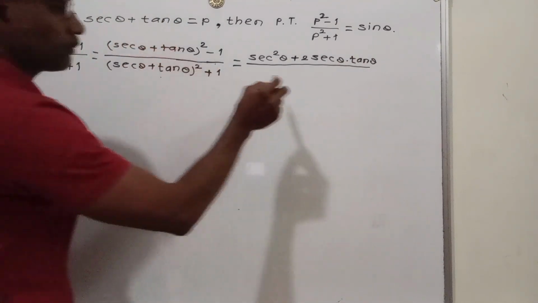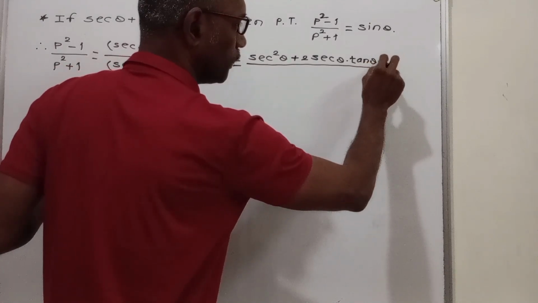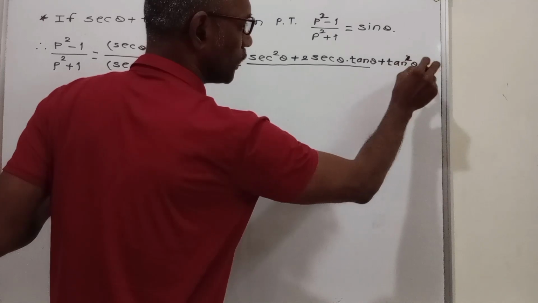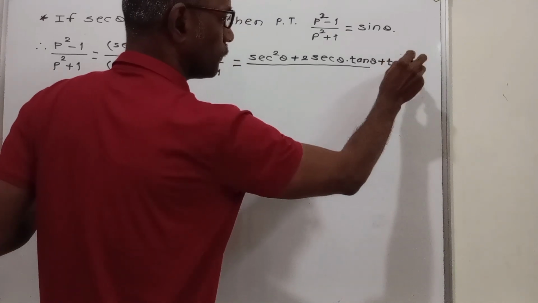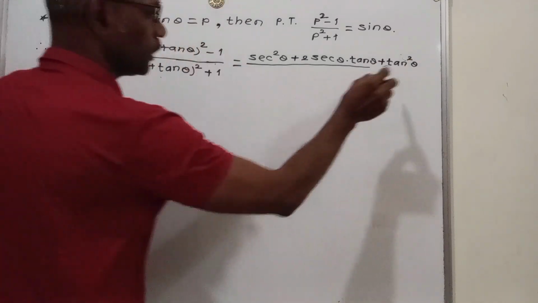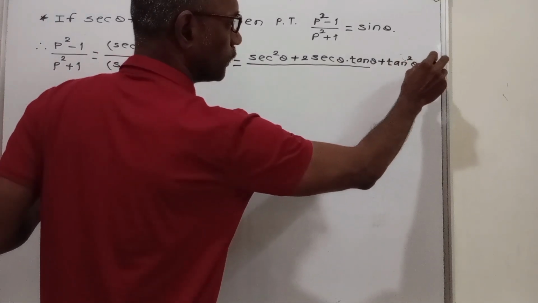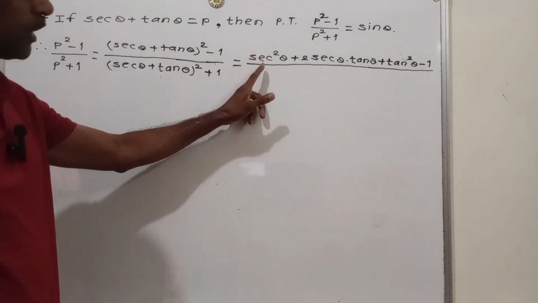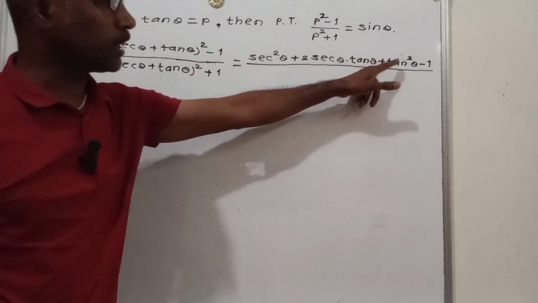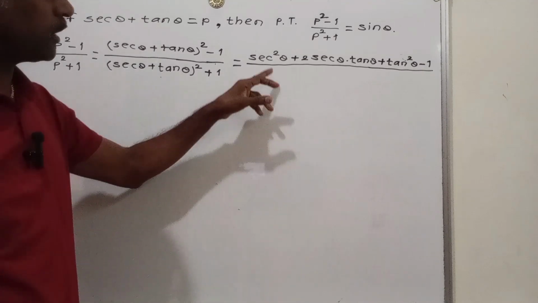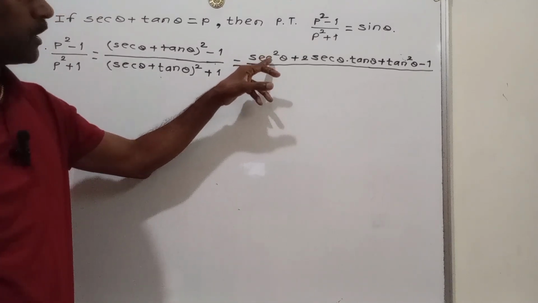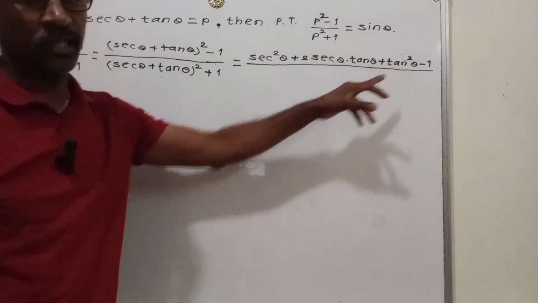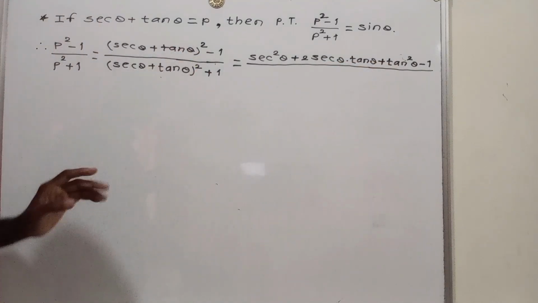Plus b square. What is b here? B is tan, so we write here tan square theta, and the original minus 1. Did you get it? A square plus 2ab plus b square, instead of that we have written sec square theta plus 2 sec theta tan theta plus tan square theta, and the original minus 1.